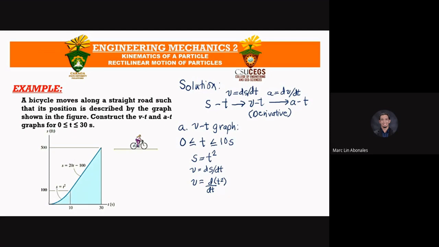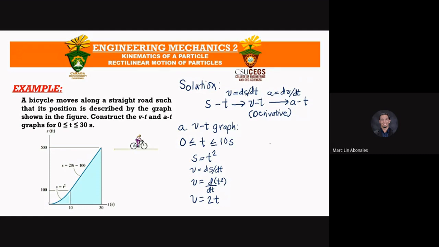So we apply the direct derivative. For the velocity, the equation for this time interval is 2t. So from 0 to 10 seconds, the velocity is equal to 2t, or 2 times the time. We will graph that later, afterwards.